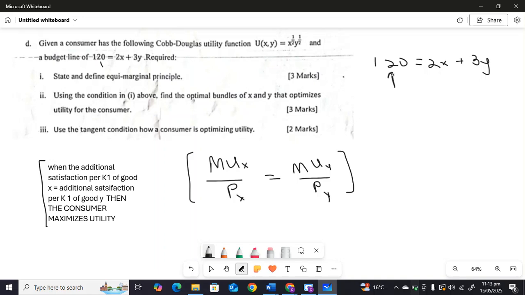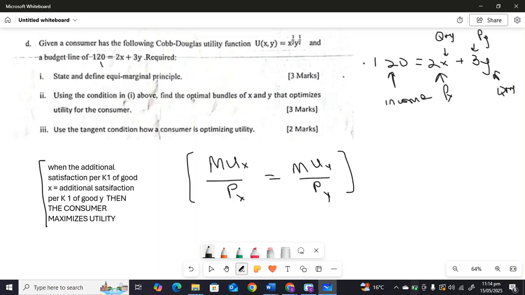Okay, this 120, this is your income. This 2 is the price of good x, Px. Then x here, this represents the quantity of good x. This 3 is the price of good y. And this y represents the quantity of good y.